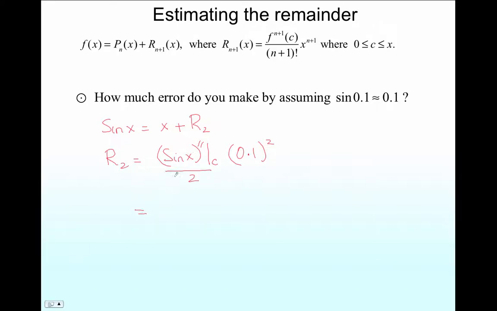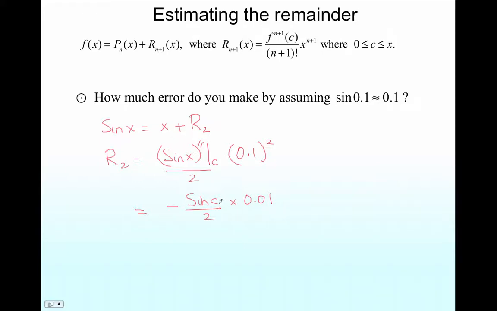If you differentiate sine once, you get cosine x. If you differentiate cosine, you get minus sine x. So that's minus sine c over 2 into 0.01. Now, I don't really want to do an accurate estimate.